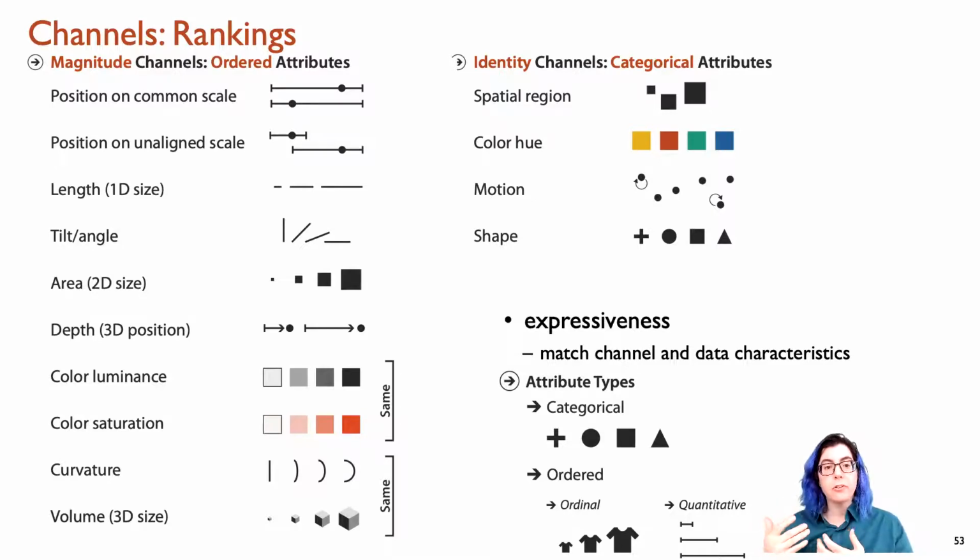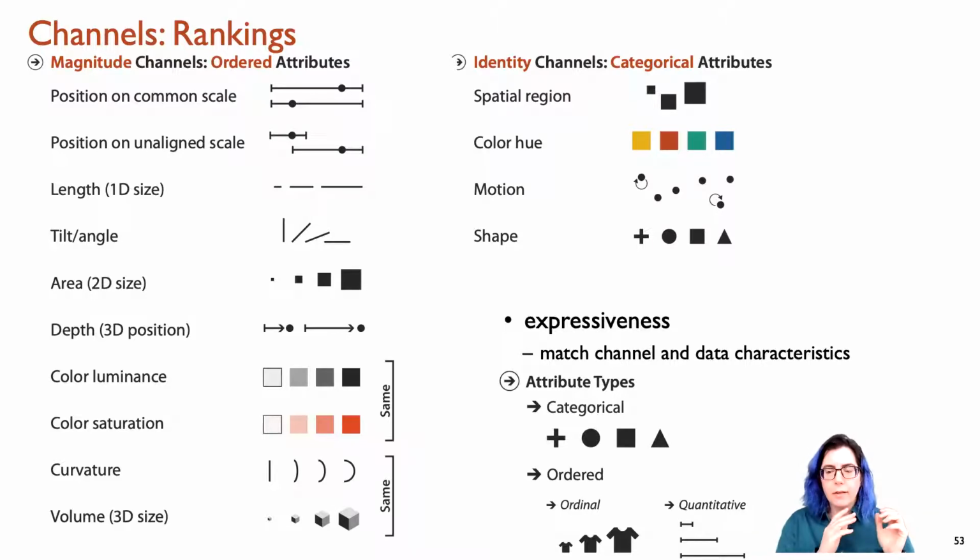So they're a good match with ordered attributes, as we've just talked about. How much is a question we can ask. How far is it along a common scale? How big is this? How much tilt is this? How large is this? How bright is this? How dark is this? How curvy is this? How much curvature is there? These are all magnitude questions where we want to use a magnitude channel for an ordered attribute.